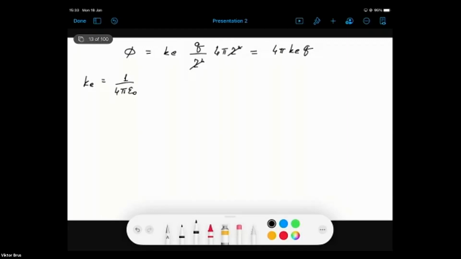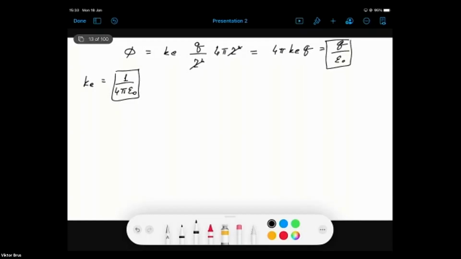Good. Let's then continue. If we substitute this value in our equation, we can write here that the total flux through this surface will be equal to Q divided by epsilon 0. Good. So this is our, at this point, final expression.